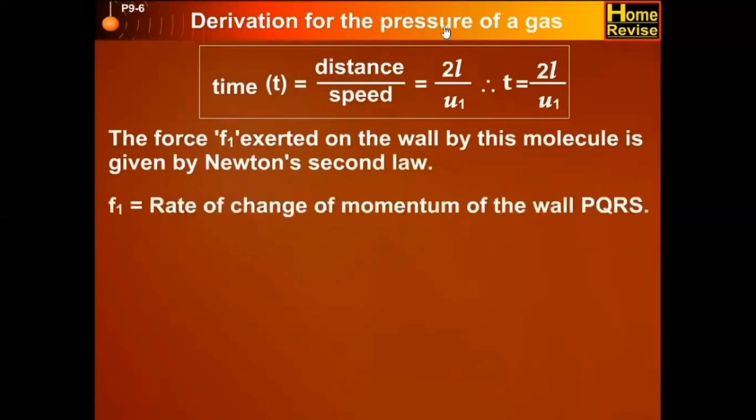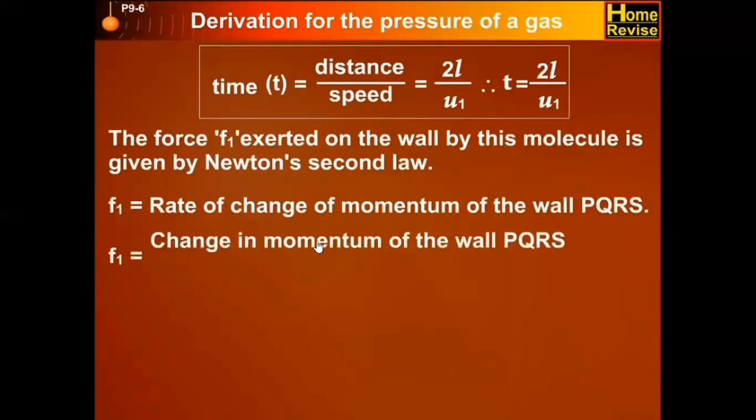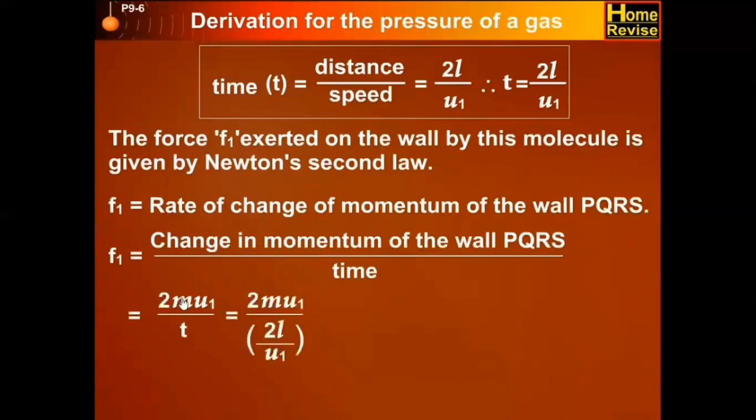Because our target is the derivation of pressure, pressure P is equal to F by A. First we find the force, and force is equal to rate of change of momentum by t. It is very easy to calculate because we already found the total momentum 2mu1 and t is equal to 2L by u1.